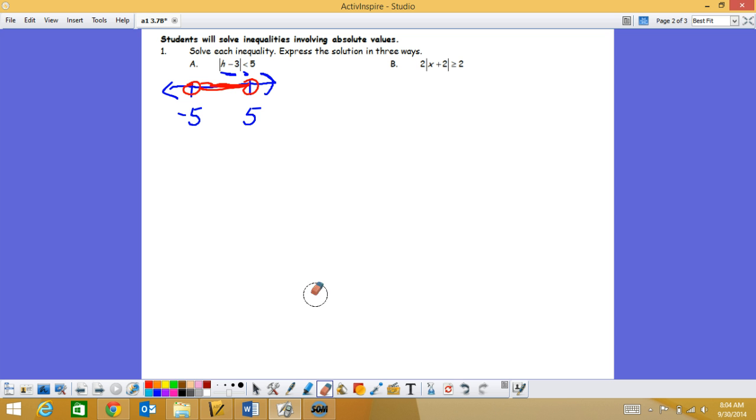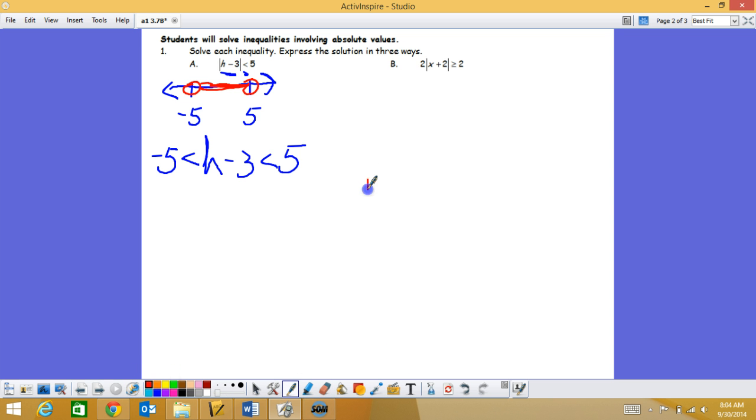So we're going to have h minus 3 has to be between negative 5 and 5. And then we're going to solve this inequality for h.